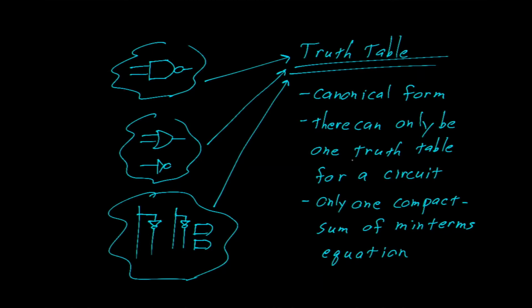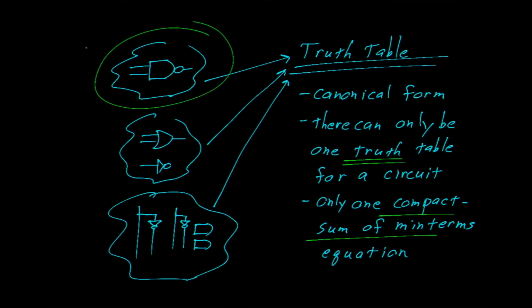I suppose if you wanted to get fussy, you could argue that the statement about the truth tables and the statement about the compact sum of minterms are one and the same. Because for any given circuit, if you build a circuit with all NAND gates, when that circuit is done, it will have a truth table. That truth table can be described as a compact sum of minterms.